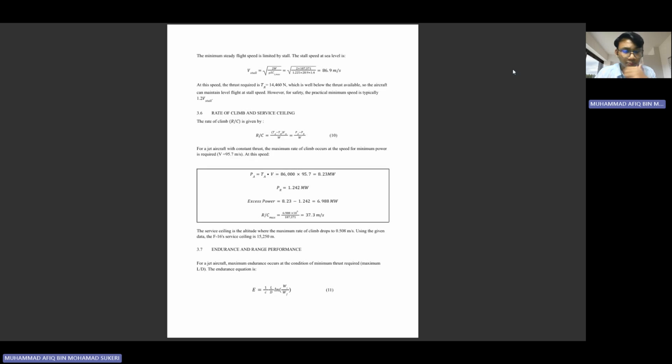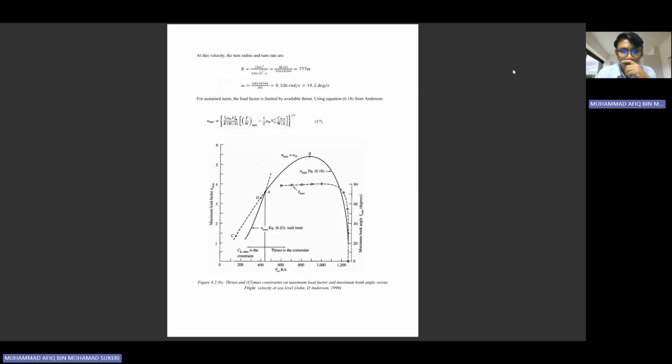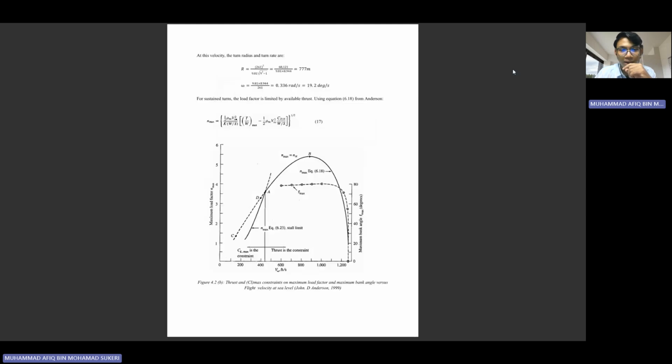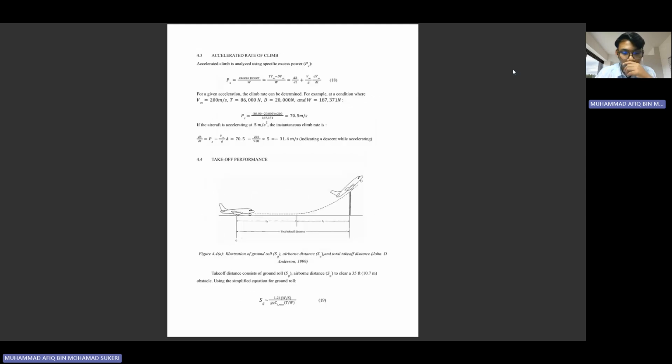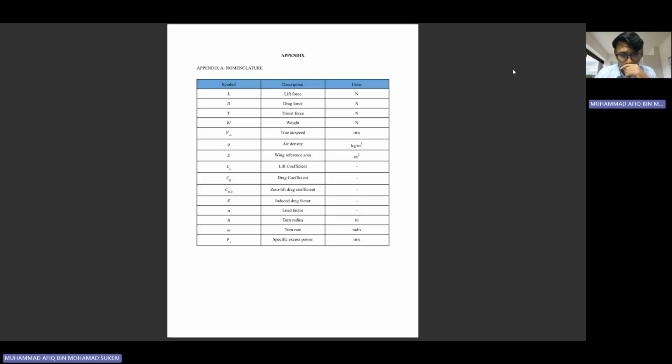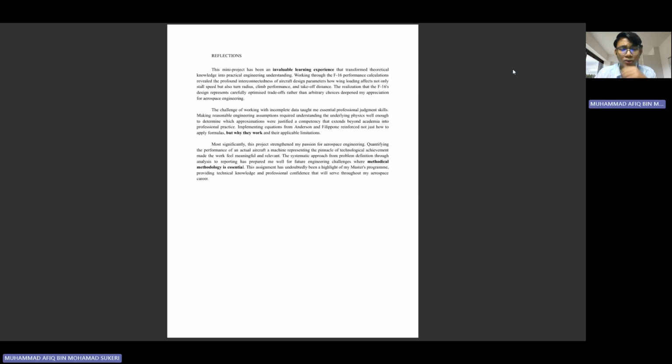And since the wingspan is also slightly low, it has a very good banking angle, which is accurate with the established data. So I guess this project was a success, and it was able to achieve its objective to provide me an understanding based on an analytical approach to the analysis of flight performance.